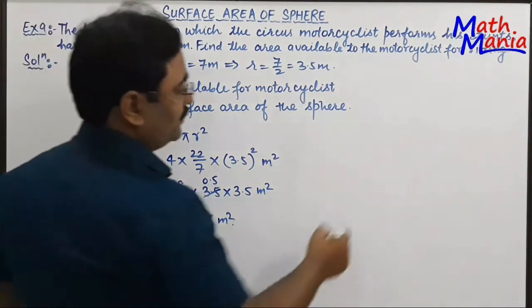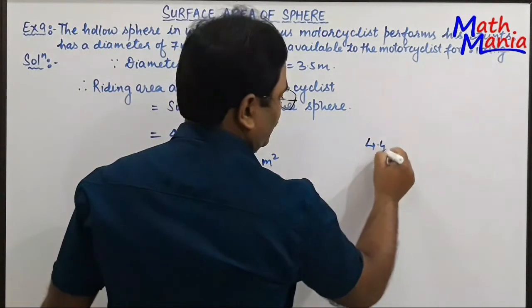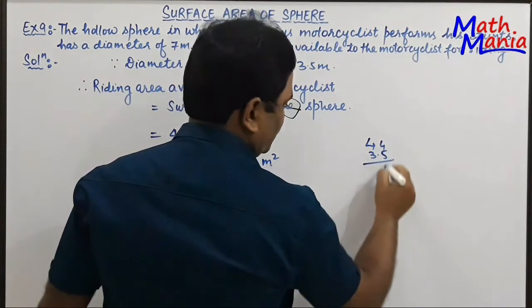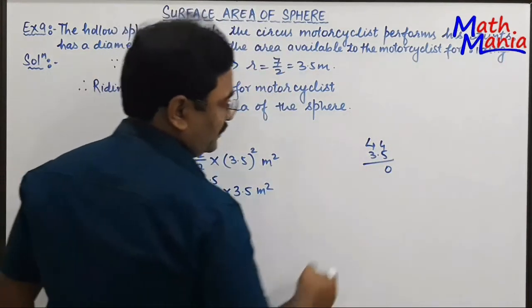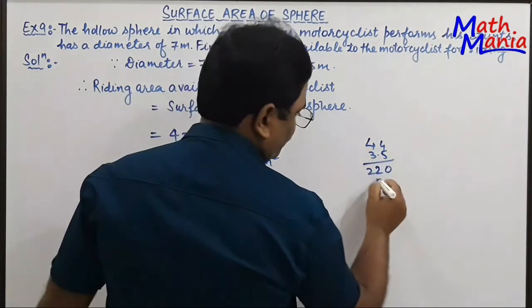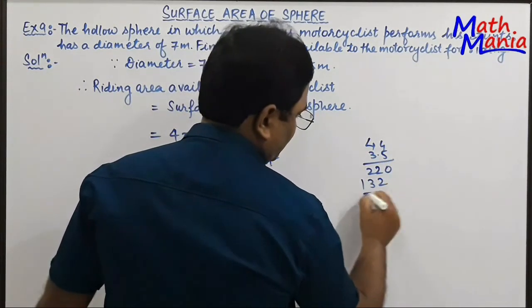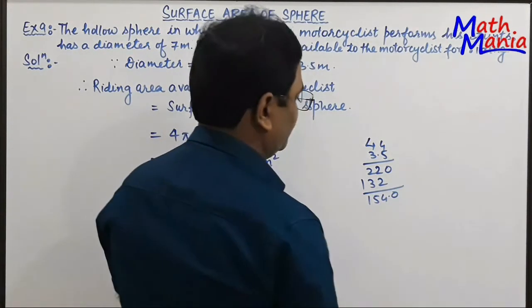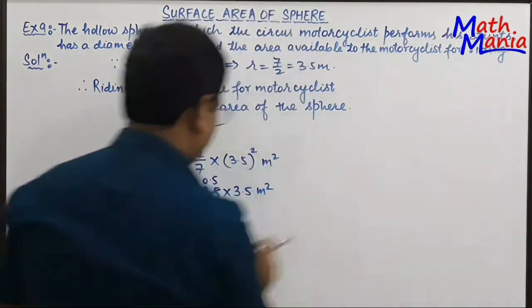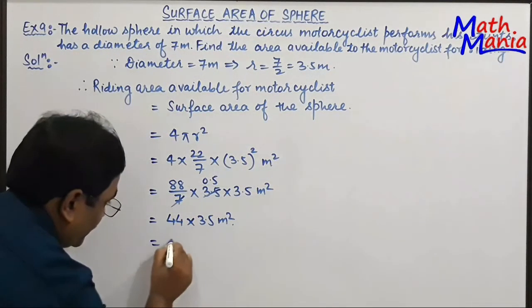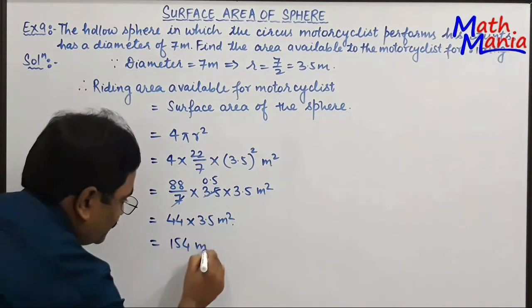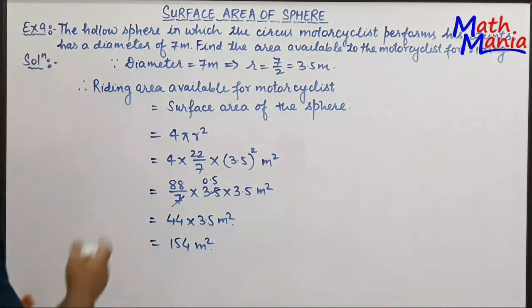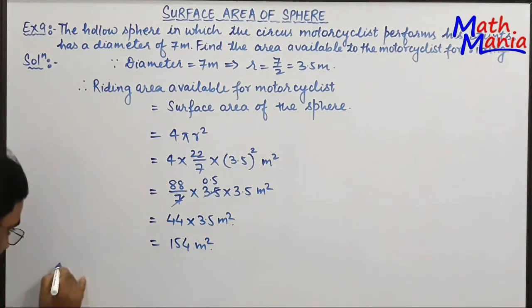So 44 into 3.5, 5 4s are 20, 5 4s are 20 plus 2 22, 3 4s are 12, 3 4s are 12 and 1 13, 0 4 5 1 means decimal, 154 meter square is coming. So therefore the area available for motorcyclist is 154 meter square for riding.